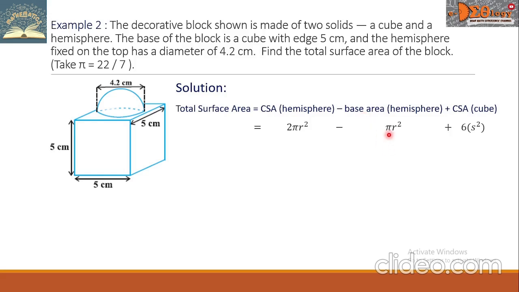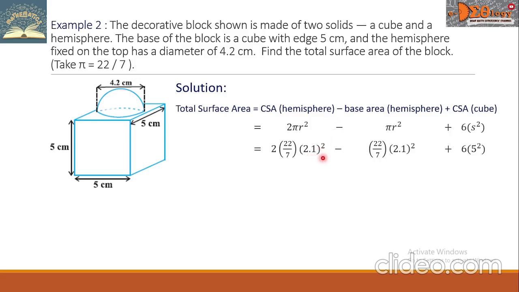That's why in here we have pi r squared, plus for the cube CSA is 6 times s squared. When we substitute the values, we have 2 times 22 over 7. And for the radius, look in our figure. The diameter is given as 4.2. So half of that is the radius. So we write here 2.1.